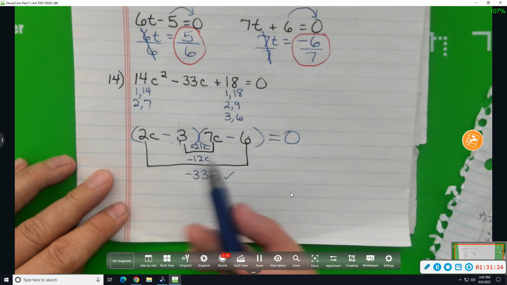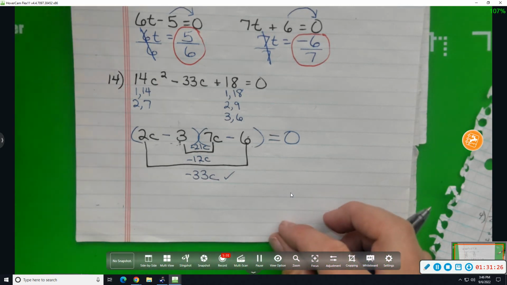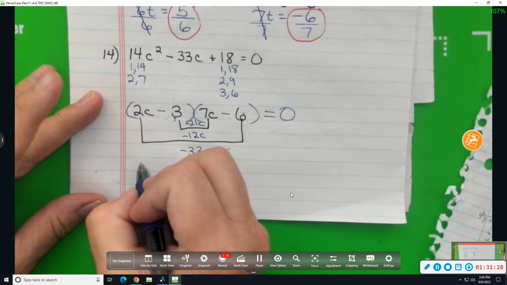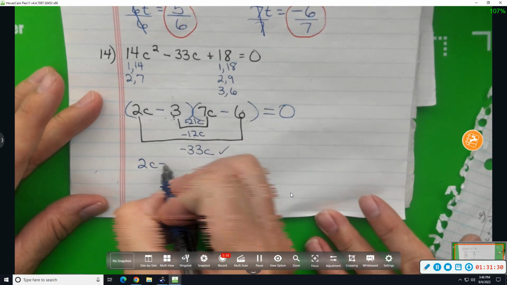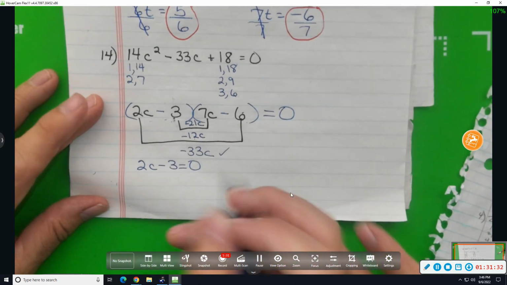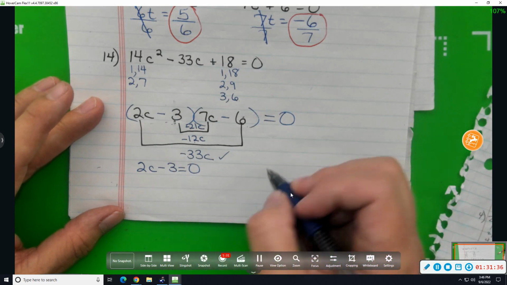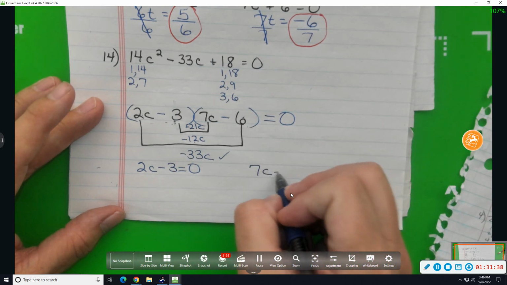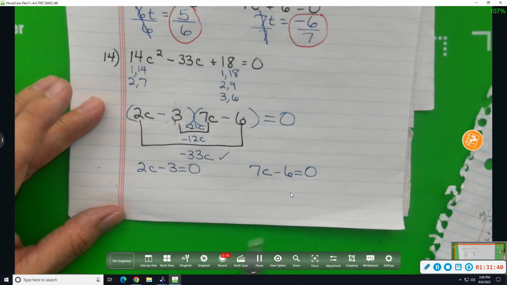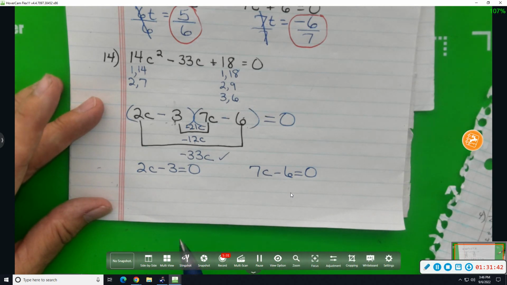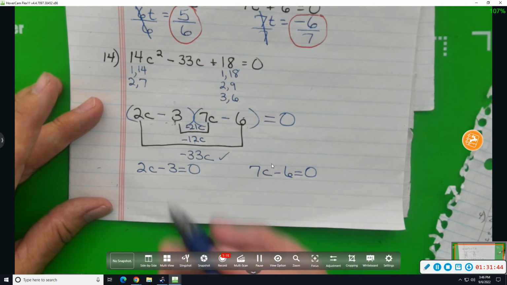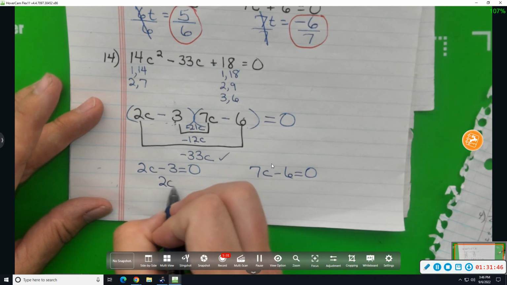We have to take each factor. Set the 2C minus 3 equal to 0, and the 7C minus 6 equal to 0. Okay, this first one, we get 2C equals.